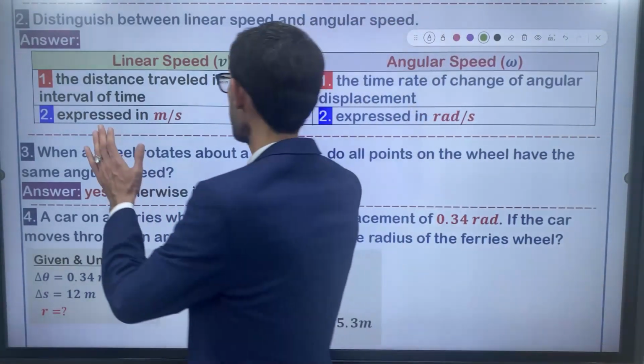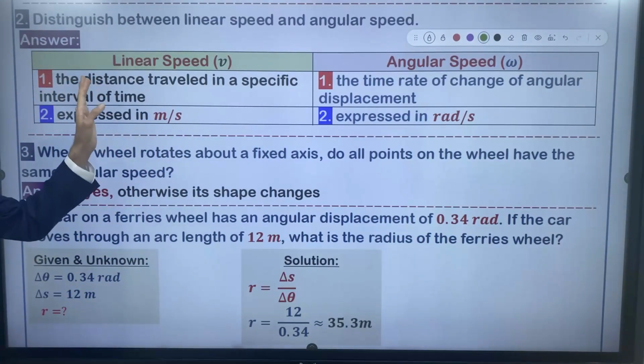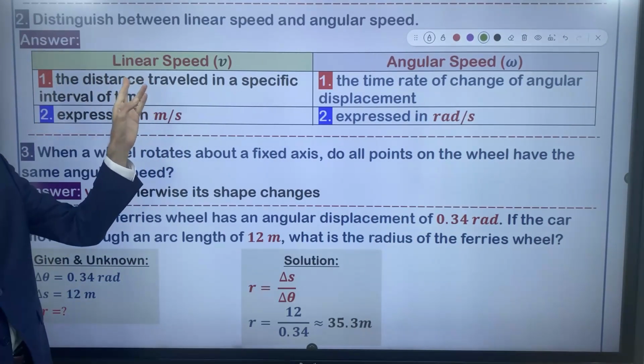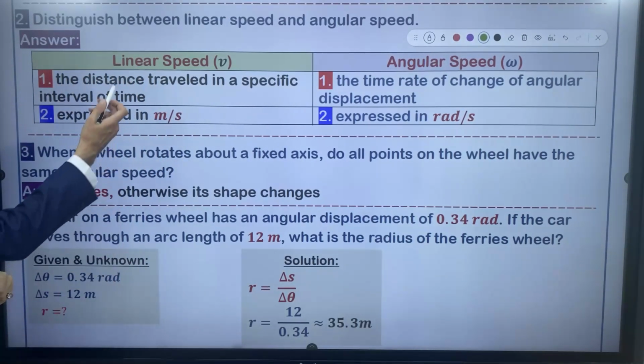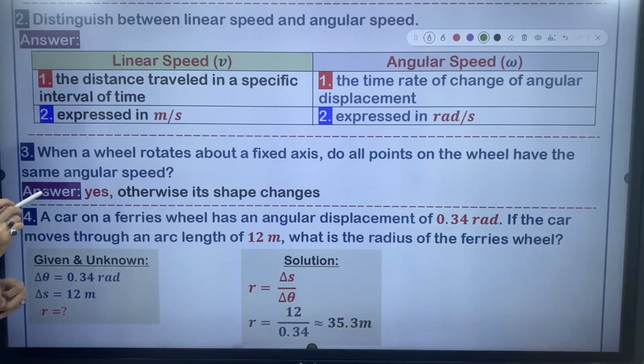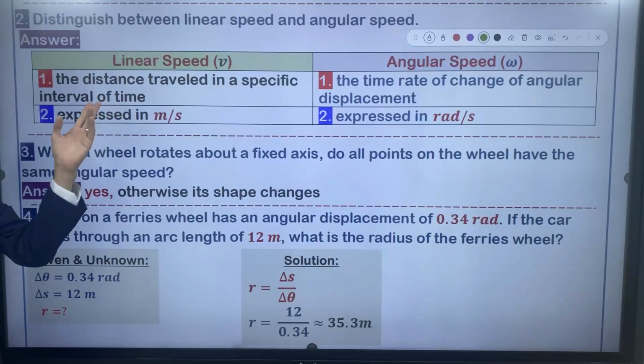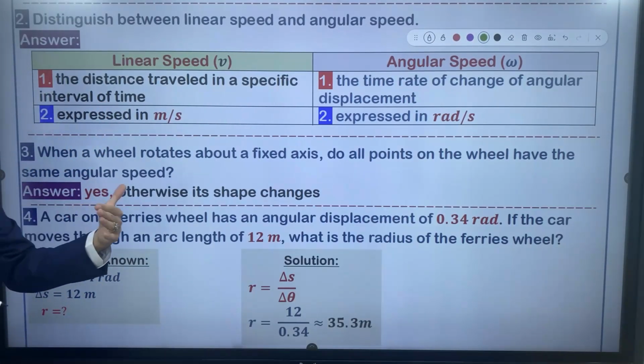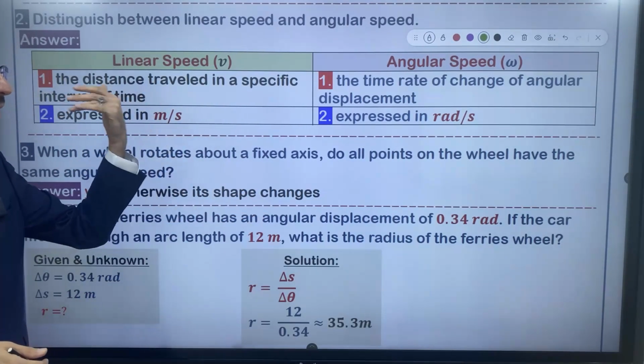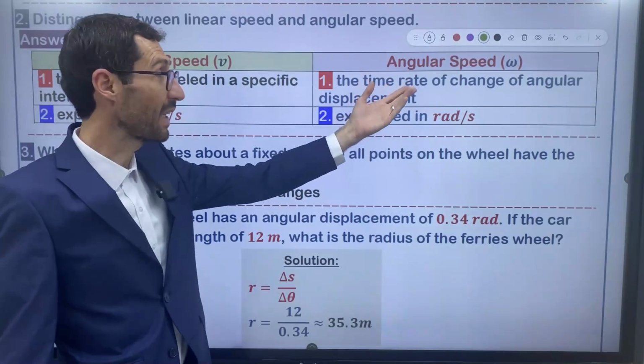Let's move on to the left part of the table, which is dedicated to linear speed. Linear speed, or v, is the distance traveled in a specific time interval. That's it. What do you say about angular speed, or omega?